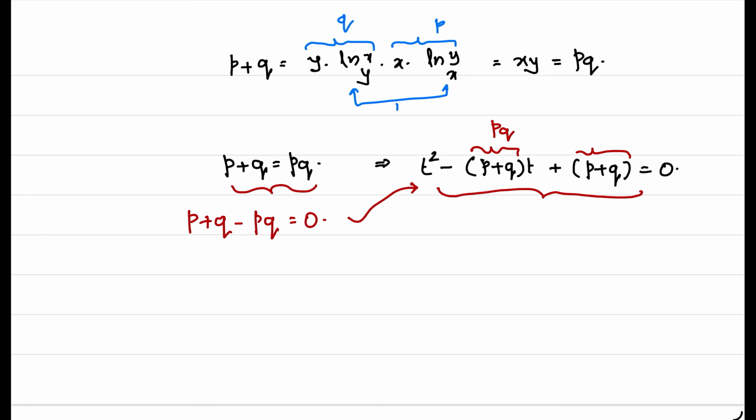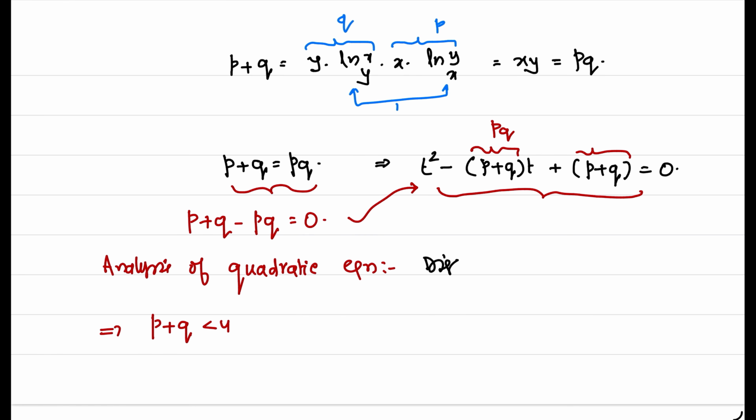Then this quadratic equation, after analysis, implies P plus Q is not less than 4. What is the discriminant?